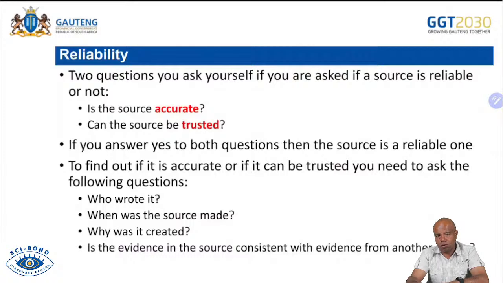The author of the source is John Wayne. Then when we go to the next one, the source is reliable because the source informs us, take note, that it was published in 1974. Who created the source? The source is an extract from a government document annotated by John Wayne. So I'm just using an example here now.